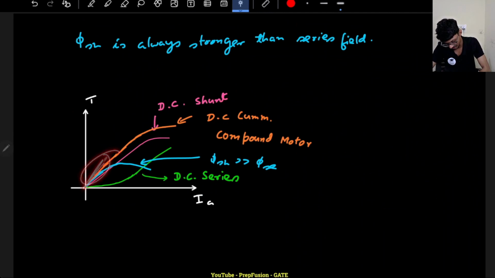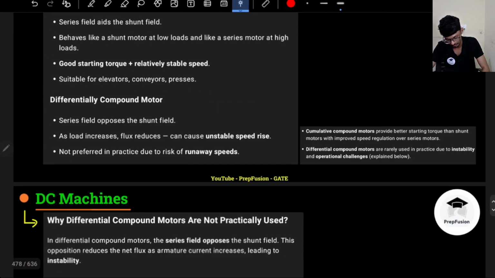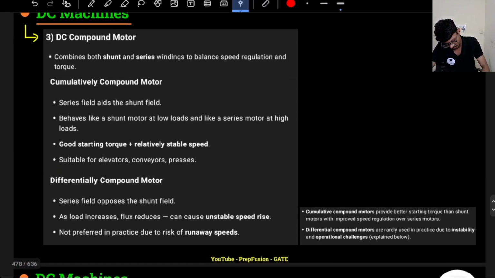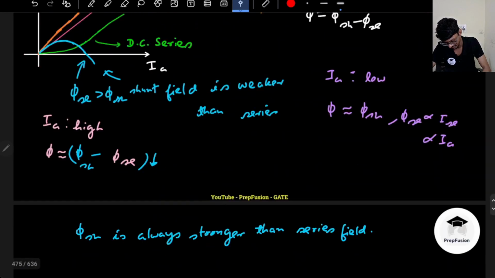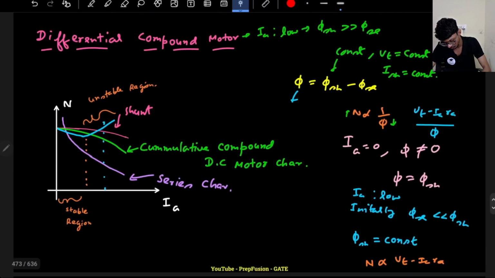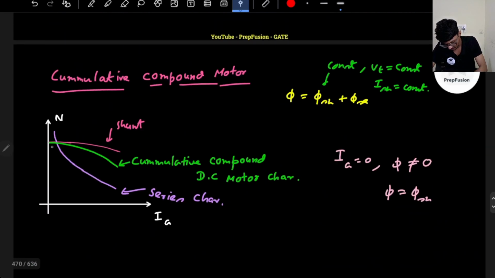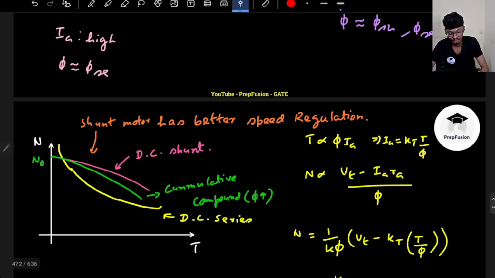It is higher than the series and the shunt because it combines both of them, with improved speed regulation over series motor. Speed regulation is also better for the cumulatively compound motor than series. Of course, than shunt it will be lower, but the torque provided by cumulative is better. So there is a bit of a trade-off, which one you want.